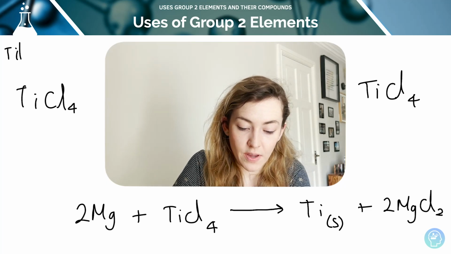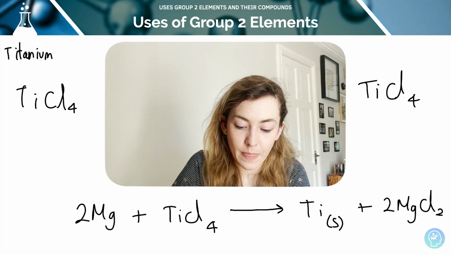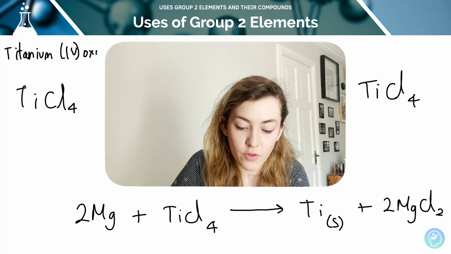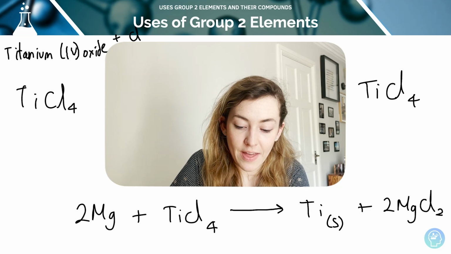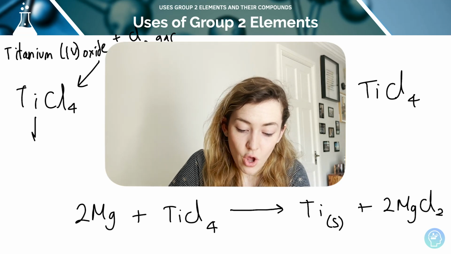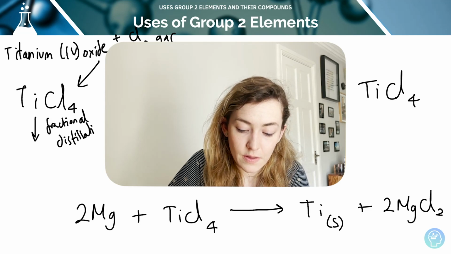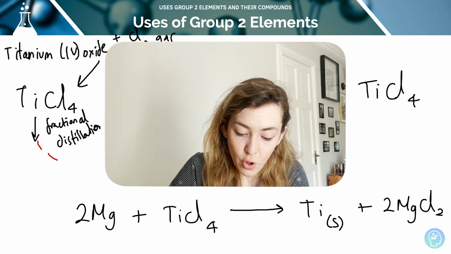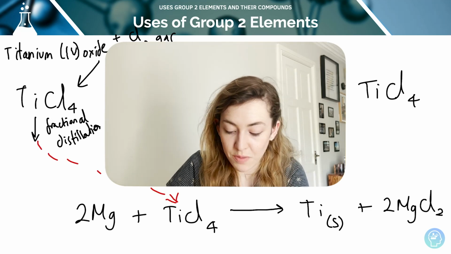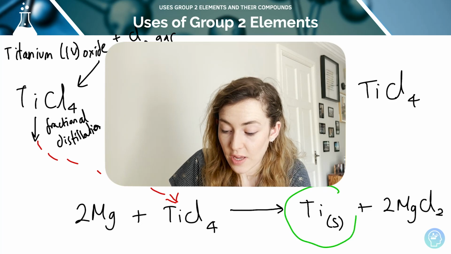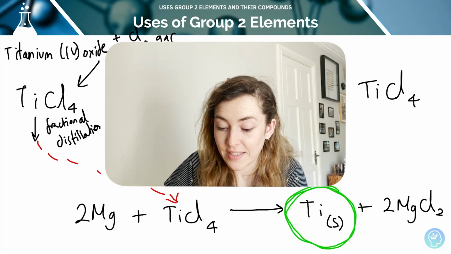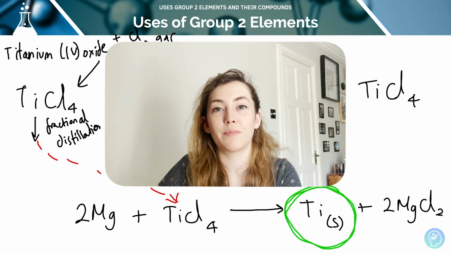We're then going to use fractional distillation to purify this, and then we can put that into this reaction with magnesium, and that is going to enable us to extract titanium, which is a very, very helpful metal.